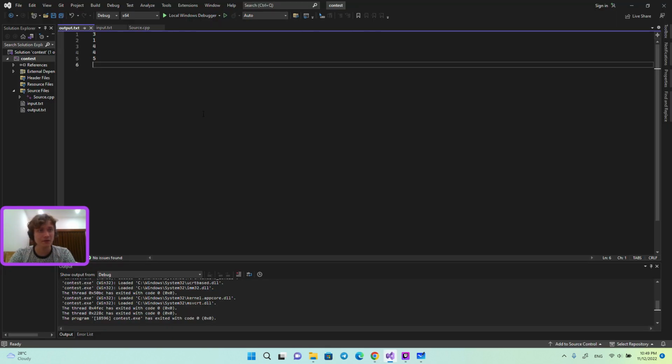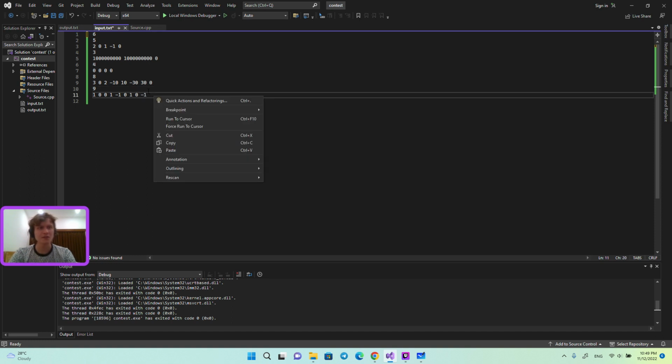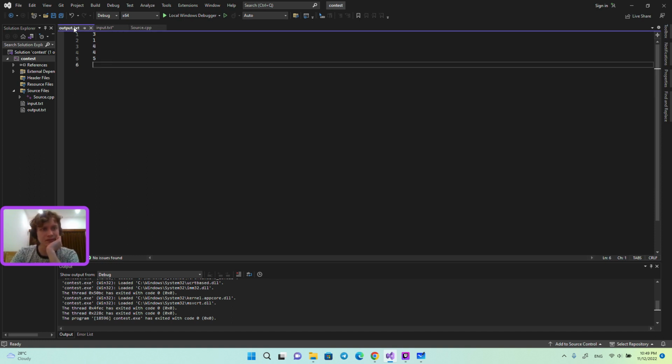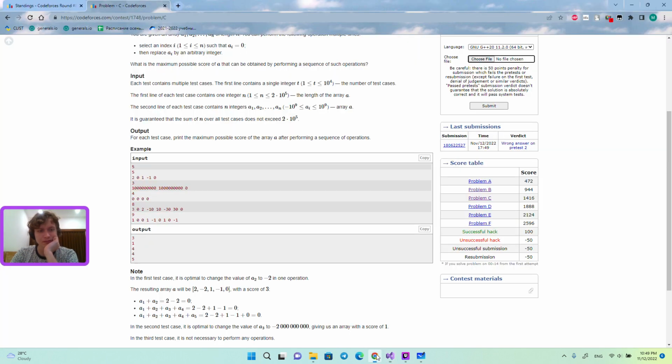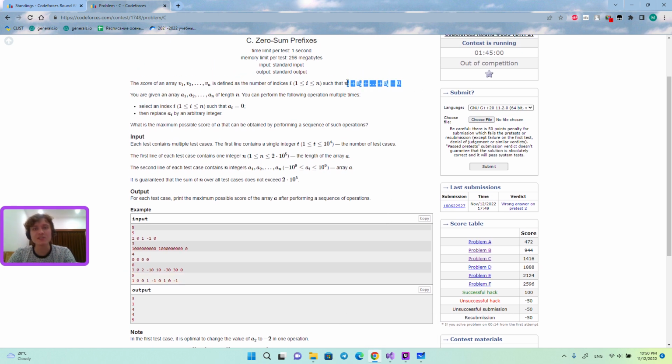Maybe if I have only zeros, then this is not correct. For example, if we have no, it is correct. It says that it is 4, and this is correct. Maybe sometimes I cannot do anything. Ah, the sum is 0.